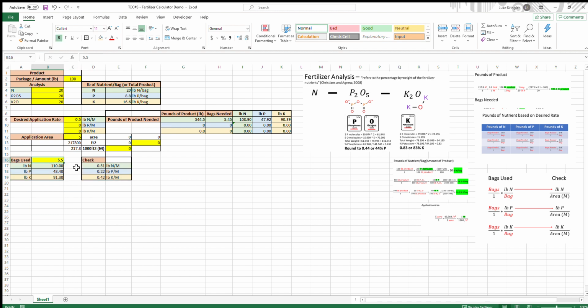So let's zero out the entire calculator. We'll add zeros to everything. And we're going to work backwards and show another capability.